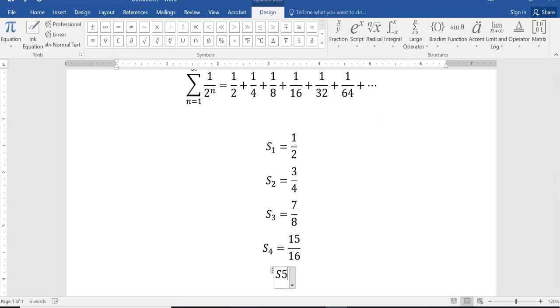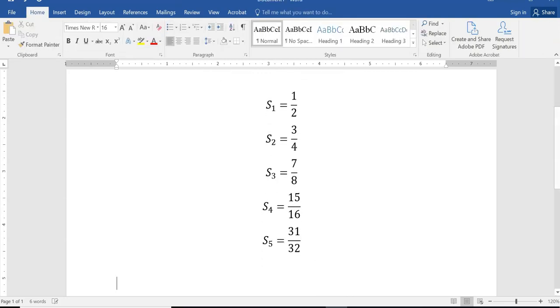In a similar way, S5, the fifth partial sum, is going to be 31/32nds. Now, hopefully by now we start recognizing a pattern. We go 1/2, 3/4, 7/8, 15/16ths.